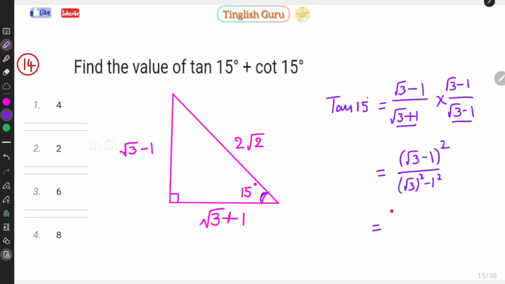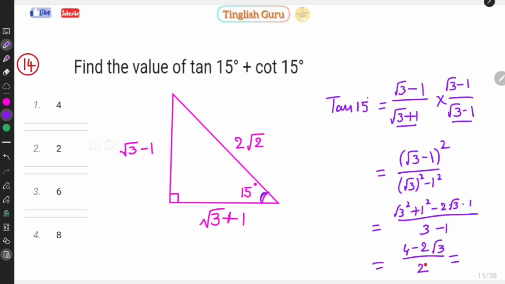So in numerator a minus b whole square is a square means root 3 whole square plus 1 square minus 2 into root 3 into 1 divided by, in denominator it is root 3 whole square is 3 minus 1, that is equals to root 3 square means 3 plus 1, 4, 4 minus 2 root 3 divided by 3 minus 1, 2.